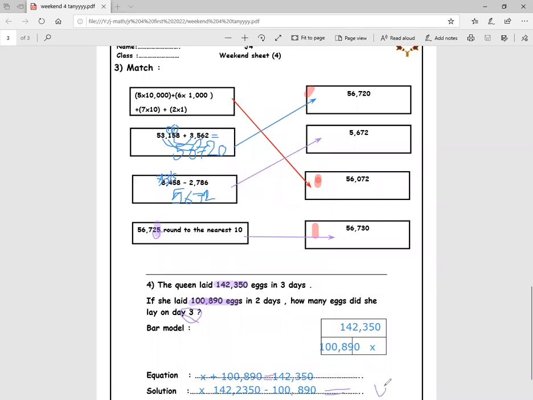0 minus 0, 0. 0 minus 0, 0. And 5 minus 9 can't be. This would be 4, and this would be 15. 15 minus 9, 6. 4 minus 8 can't be.